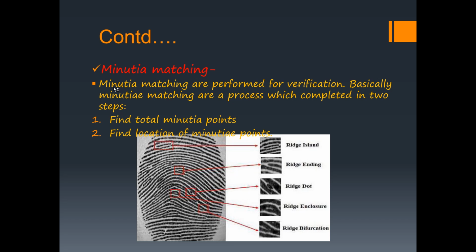First is to find the total minutiae points and the second is to find the location of minutiae points. Like over here, ridge island has been marked, then ridge ending, third is ridge dot, the fourth one is ridge enclosure, and lastly ridge bifurcation.